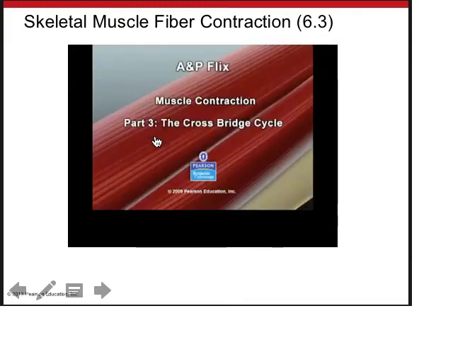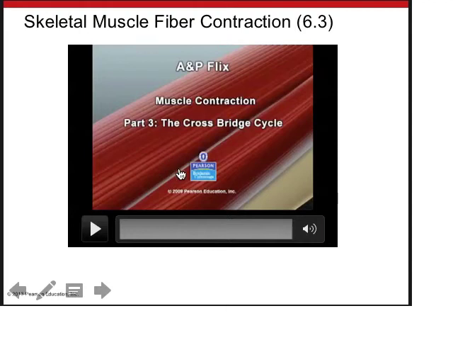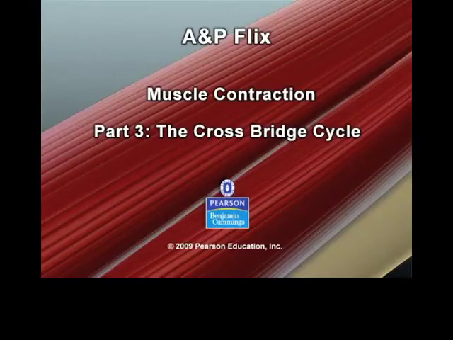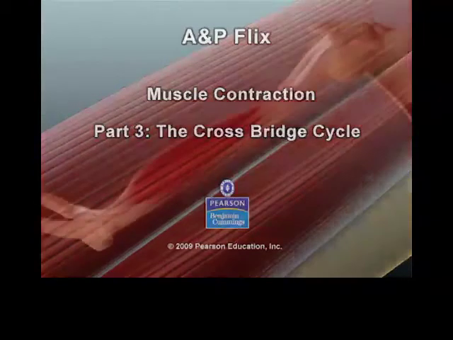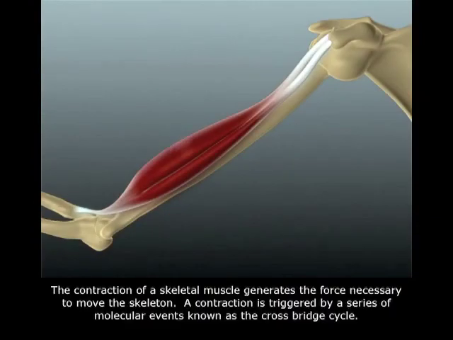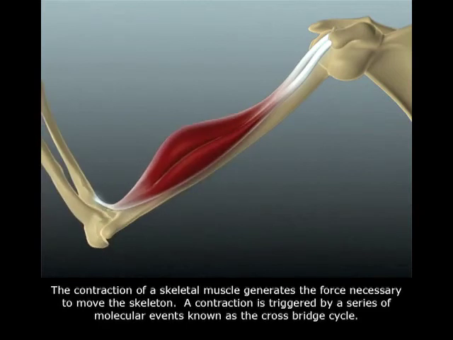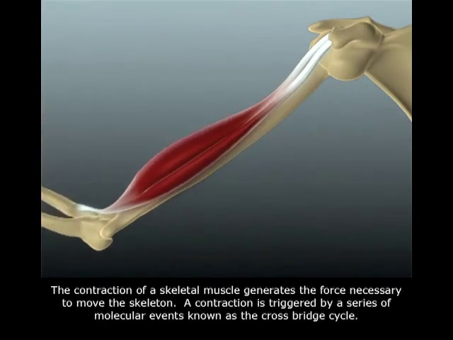And finally, the cross-bridging cycle, which is essentially the interaction of actin and myosin along with the production of kinetic energy that actually shortens the myofibrils. The contraction of a skeletal muscle generates the force necessary to move the skeleton.